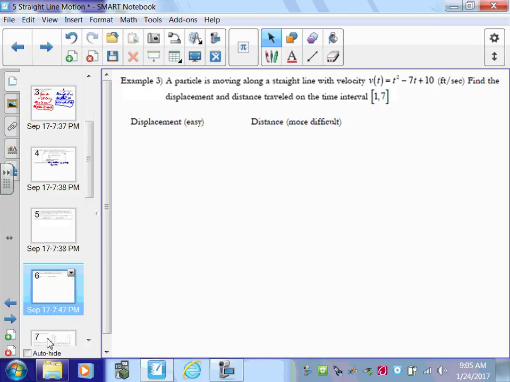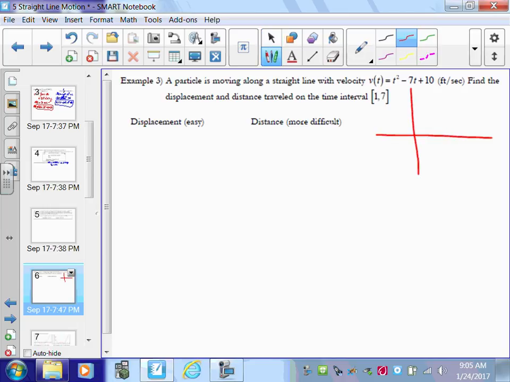So, for example, in number 6, drawing a graph of this, the factors are going to be 2 and 5, and it's going to go something like this. So displacement is easy. Just take the integral from 1 to 7 of t squared minus 7t plus 10.